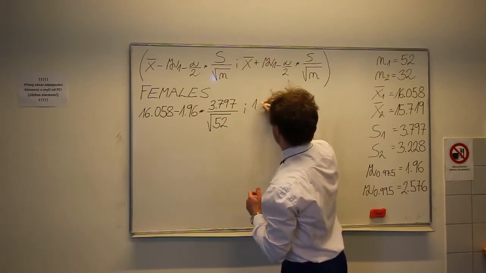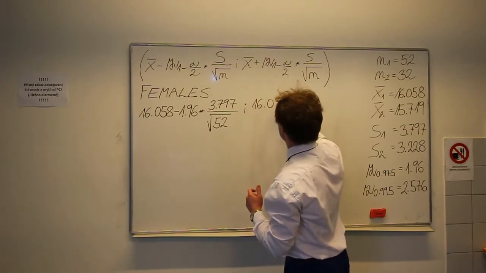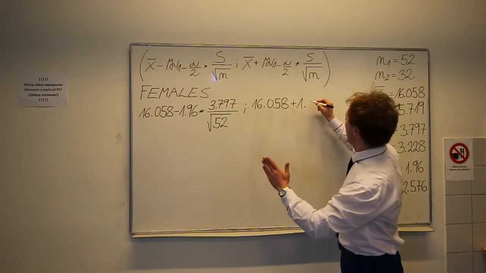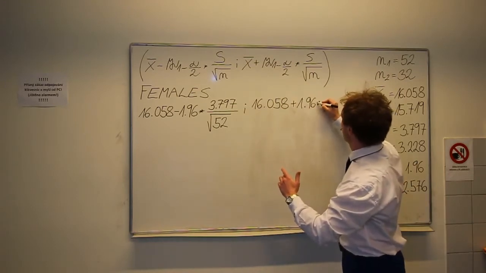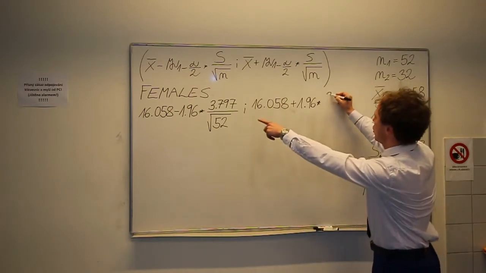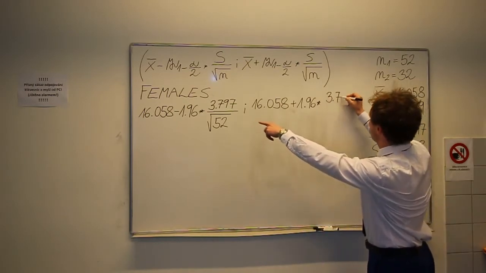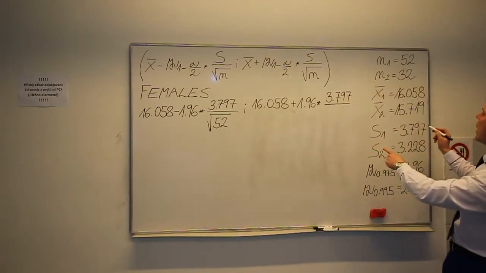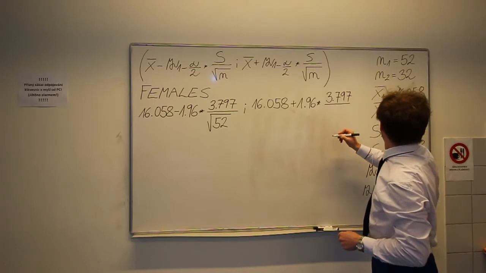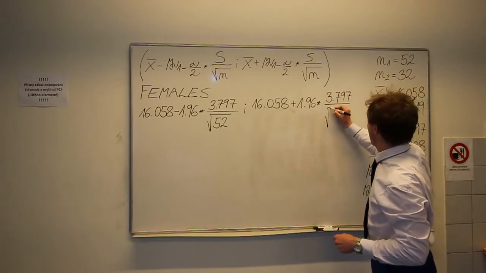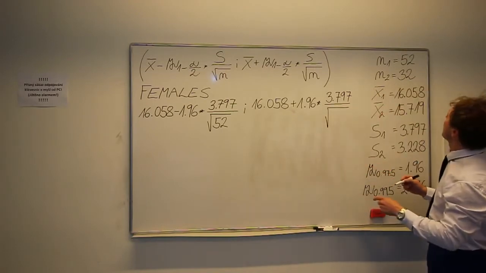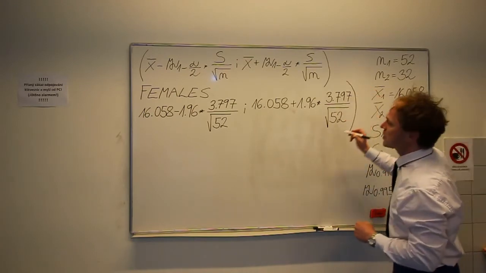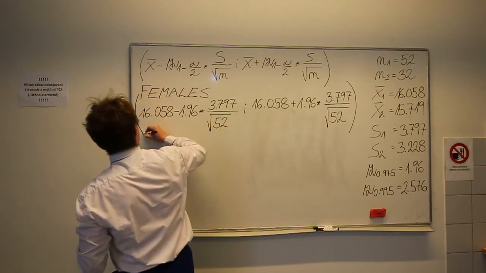And the right side: 16.058 plus 1.96 times deviation 3.797 divided by square root of 52. So this will be the first confidence interval.